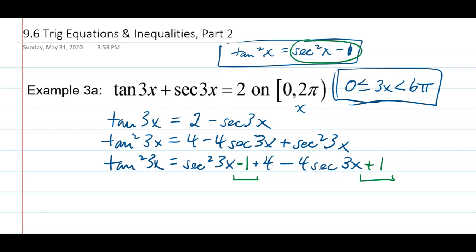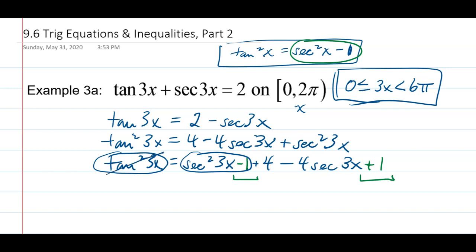And the result of this is the following. This expression is the same value, same quantity as tangent squared 3x. So we can subtract tangent squared 3x from each side.